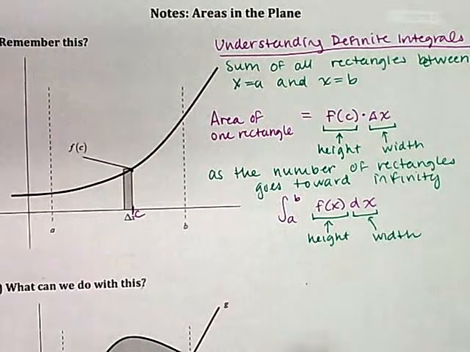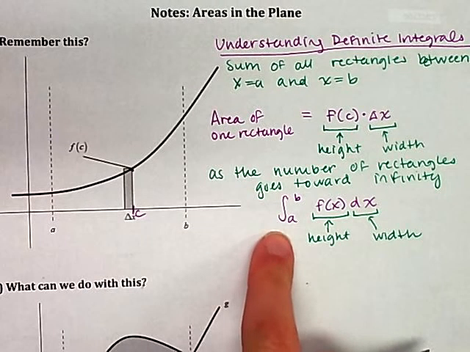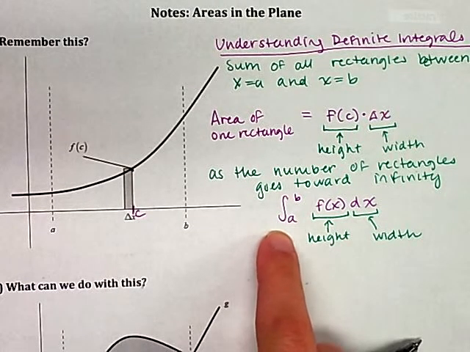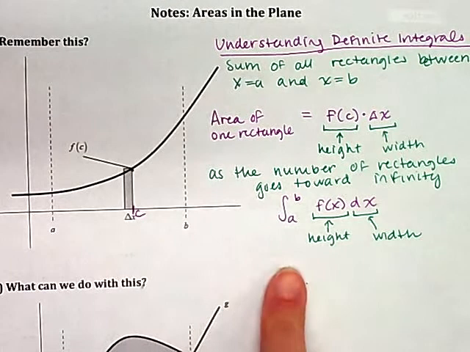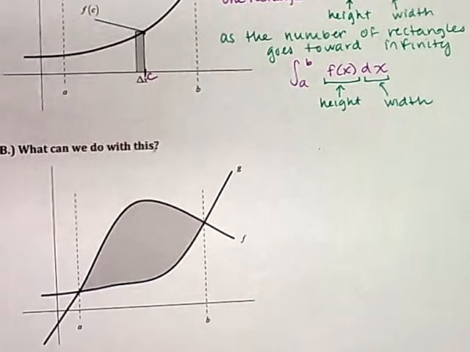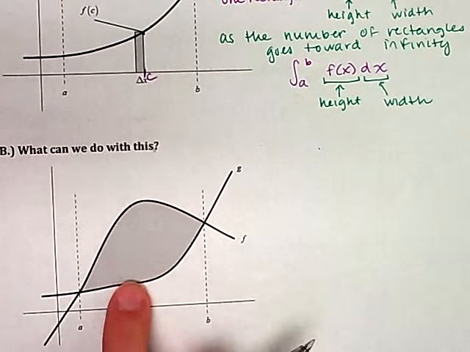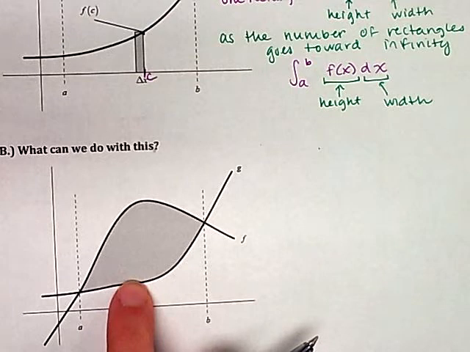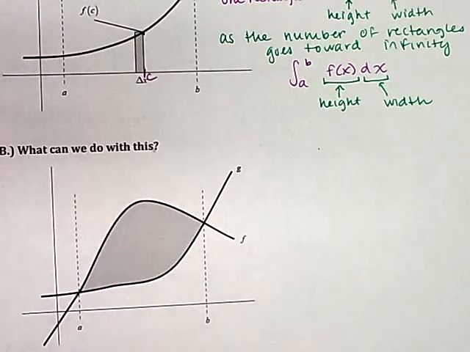I'm saying this because we're going to start thinking about how we can come up with a slightly different integral to represent something slightly different. So this was our general understanding of integrals in terms of area of rectangles from the beginning of our unit. Now we're going to take a look at what we can do with this. We're still trying to find the area, but instead of the area between a function and the x-axis, now it's the area between two different curves, f and g.